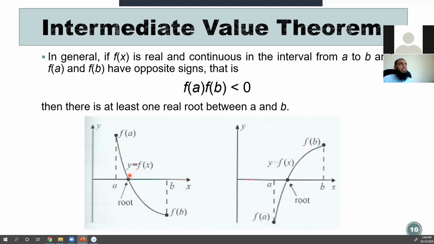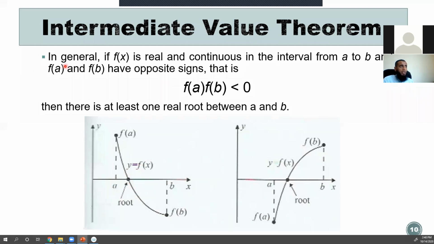It is lucky if we find 0. Sometimes when we enter the value, the equation does not become 0. Sometimes the previous value gives 0.1, and suddenly the next value of x gives negative 0.1. So we didn't get the value of 0.